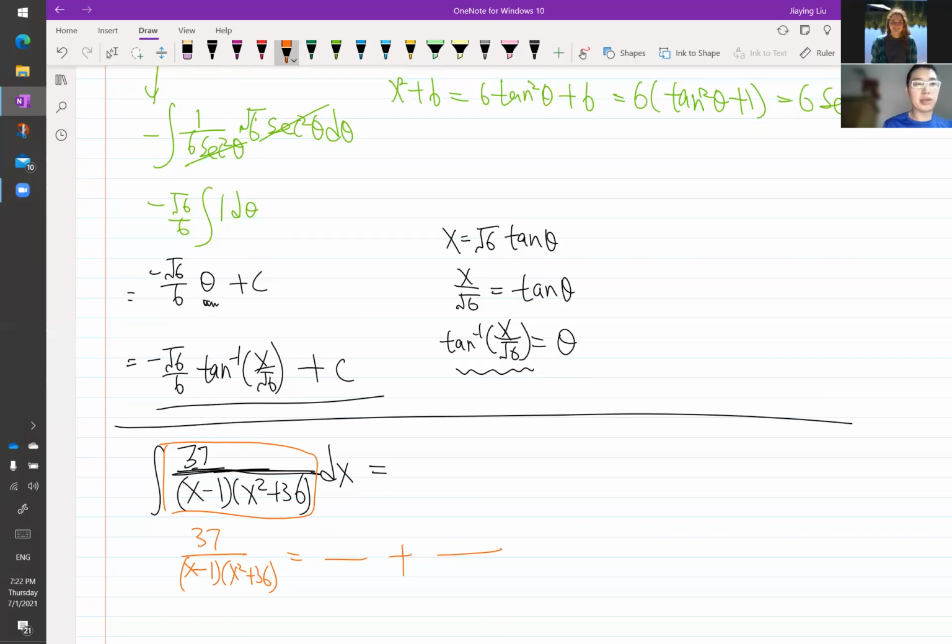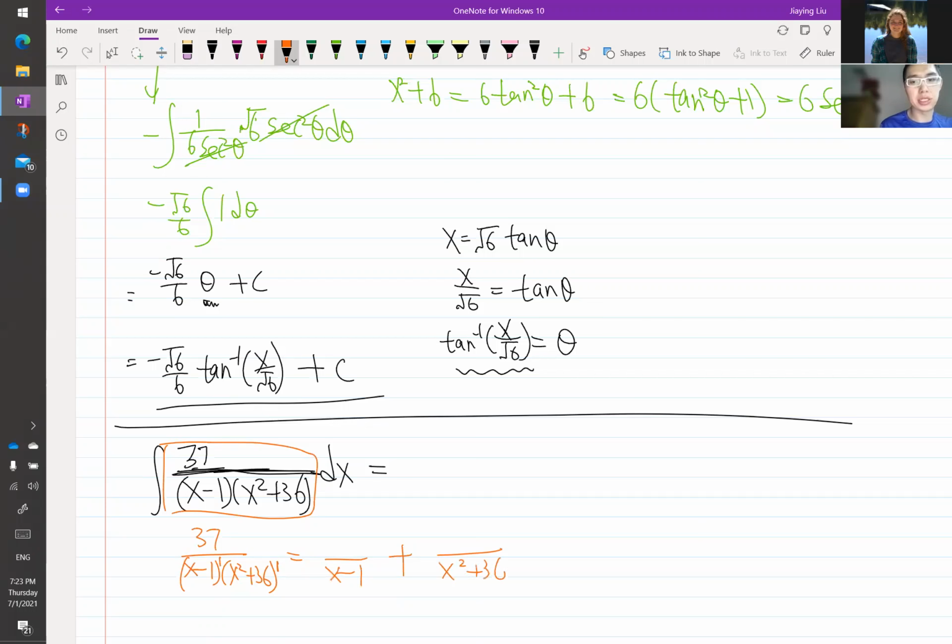If you recall, the factors in the denominator: the first one is a linear factor, x minus 1, with power 1. So that would be just x minus 1 as a denominator. The second one is a quadratic, x squared plus 36, but also has power 1. So that will be the denominator of the second fraction.